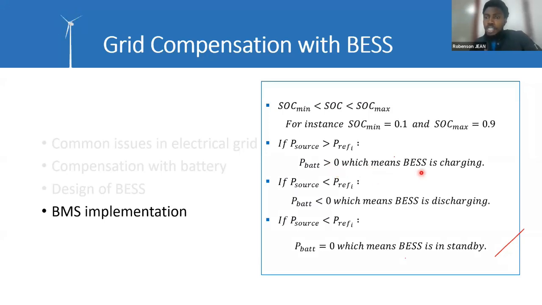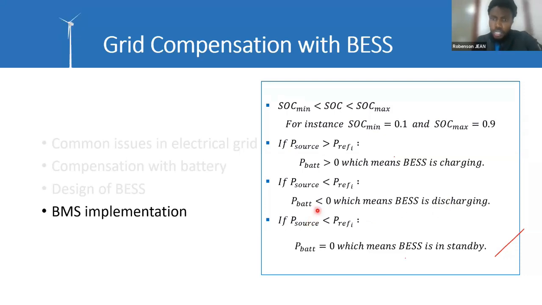So the battery will be charging. But if there is a lack of energy, which means the generation power is less than the reference power, therefore, the flow of power will be from the battery to the DC boost, and then my battery will be discharging.